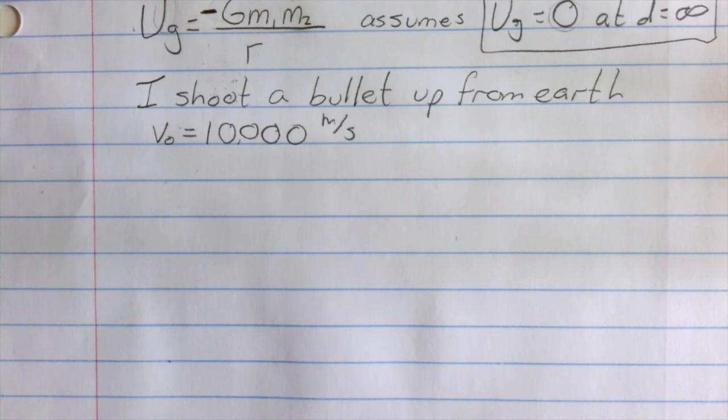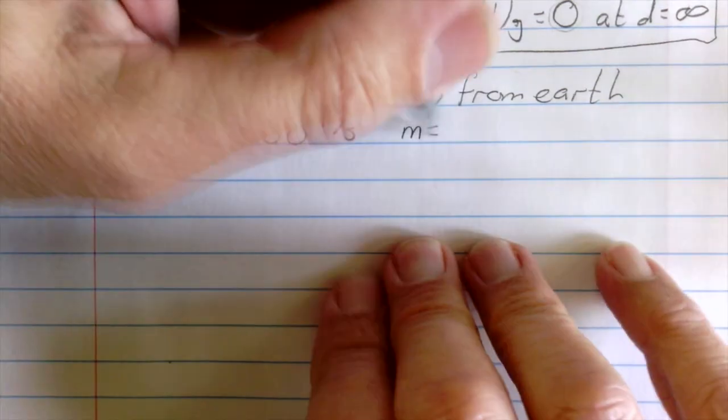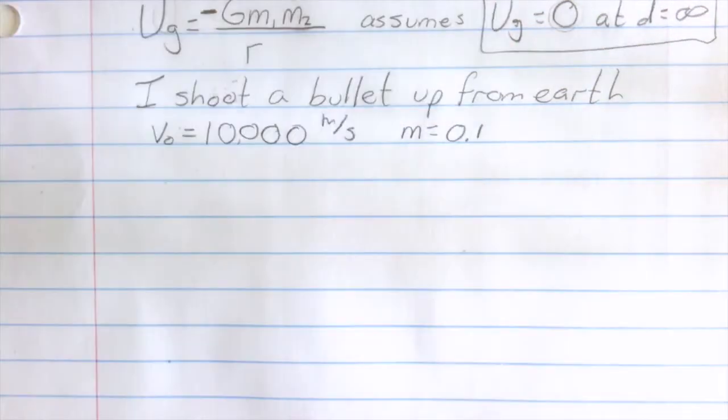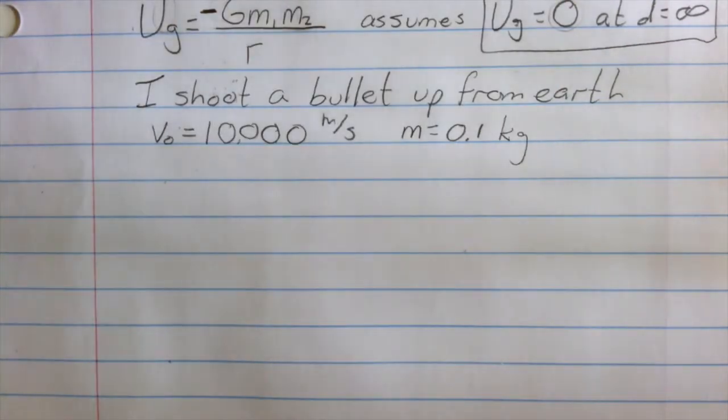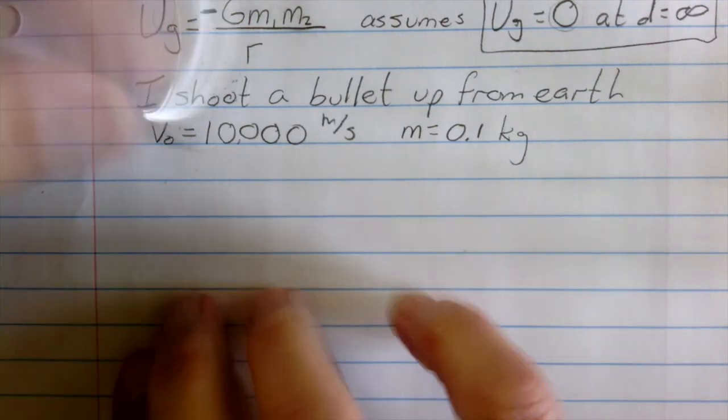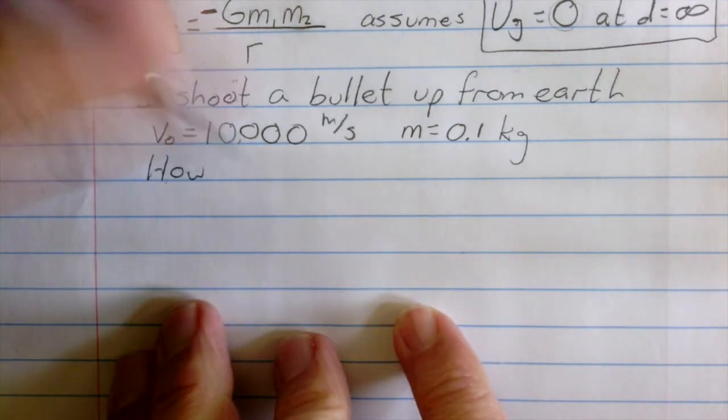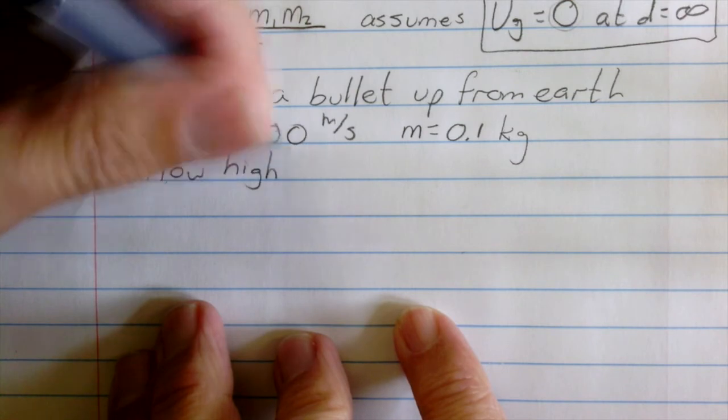Okay, and the bullet's mass, just to make it easy, is 0.1 kilogram. It's a big bullet. It's a big rock. Okay, I shoot a bullet up from Earth. And how high does it go?